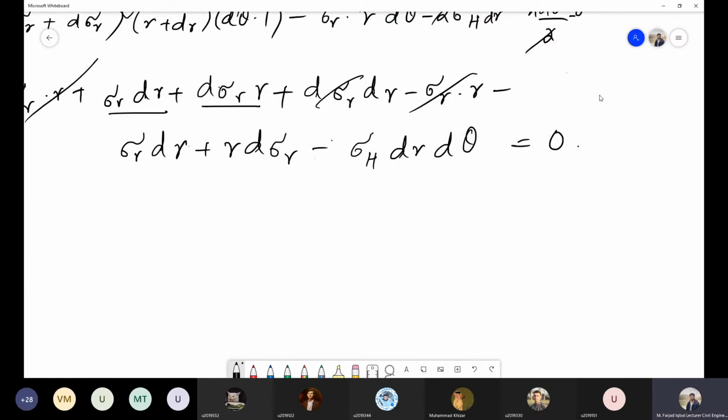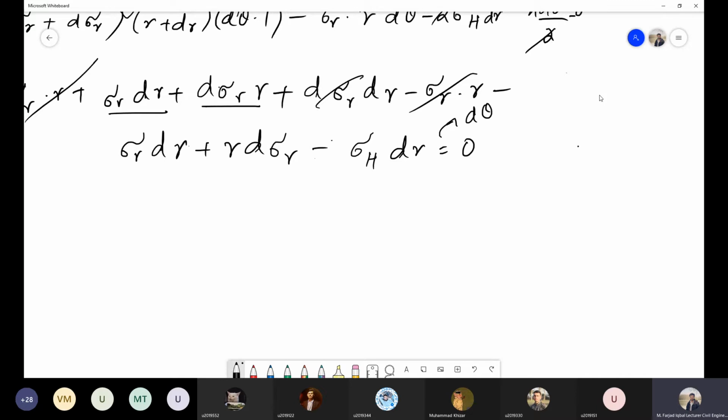Okay, actually there is something that they have ignored, this angle. I couldn't find a proper reason for this, but I will definitely check this and let you know in the next class why we are ignoring this angle d theta. Probably the reason is that the value is very small. But again, I will check the literature about this reason and let you know. So for now, let's not spend too much time on this and continue with the derivation, and later I will explain it to you.